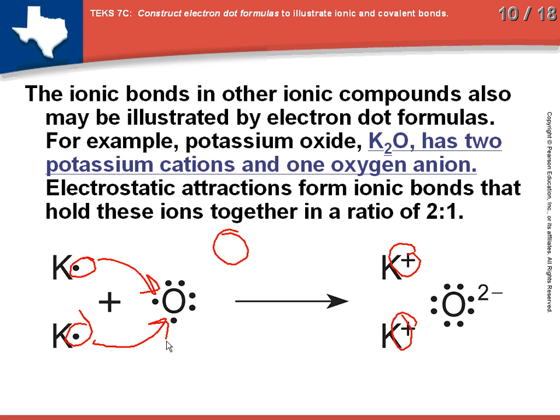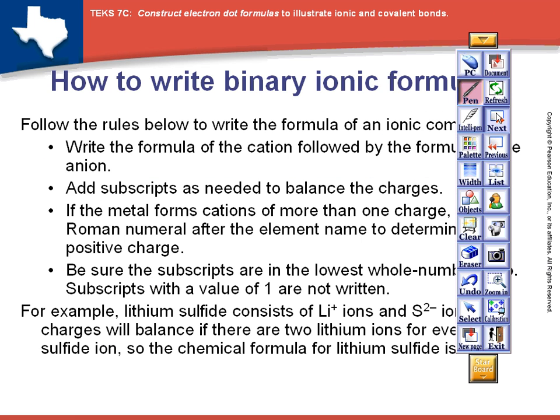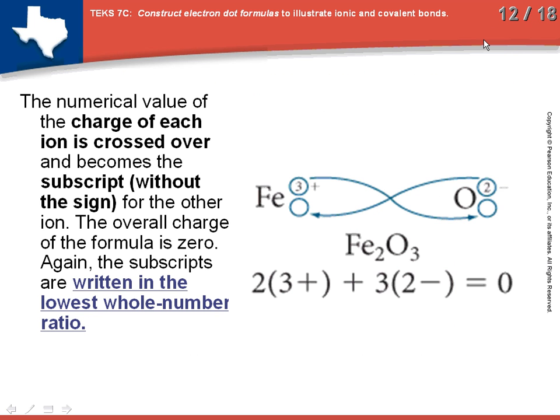There's an easier way than looking at the charges to figure out the formula of an ionic compound. It's called the swap method. In the swap method, we take the superscripts that show charges and swap them to become the subscript on the neighboring anion or cation.